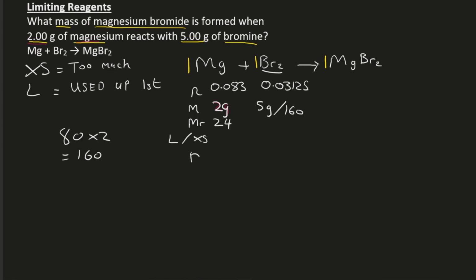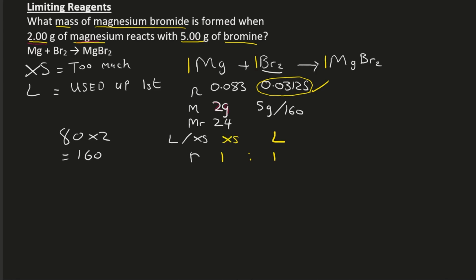Now, lucky for us, we've got a 1-to-1 molar ratio, so this is nice and easy. Okay, what mass of our magnesium bromide is going to be produced? Well, we've got to take the smallest number of moles, and we're looking at the molar ratio over here because it's a 1-to-1. This is quite easy, and we can see that there is definitely a smaller number of moles over here. 0.03 moles is smaller than 0.083, so we're going to take this one as the limiting reagent because this one is used up first, and this one over here is therefore in excess.